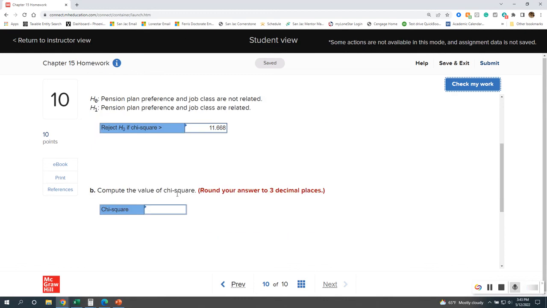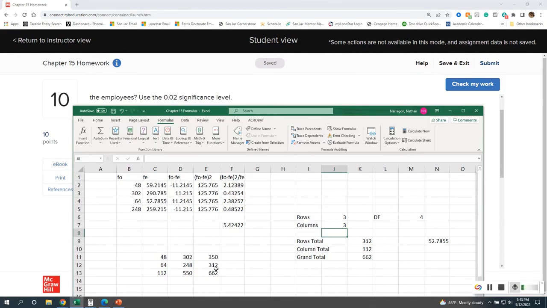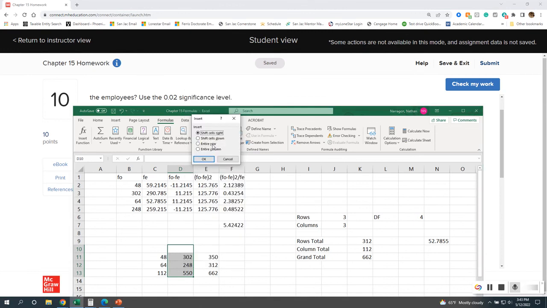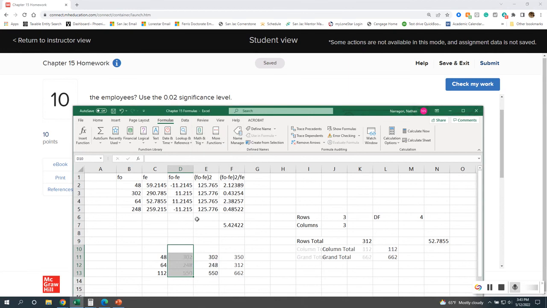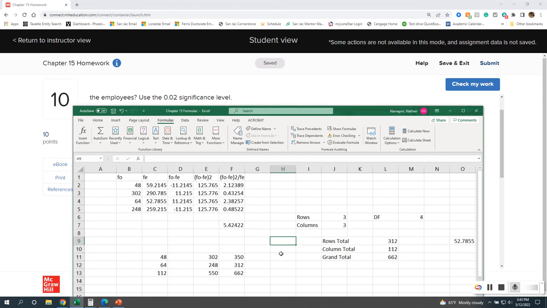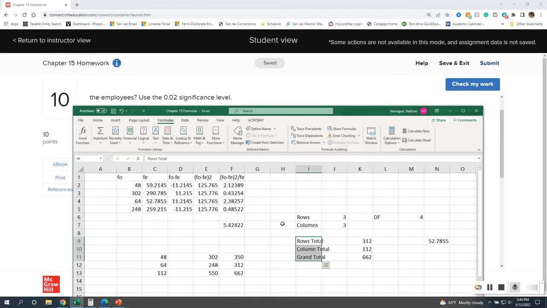Next, we're going to compute the value. So again, we're going to use our Excel. This time we've got an added column. So let's see if I can just insert one here. Okay. Actually, just delete that. Alright, so here we go.